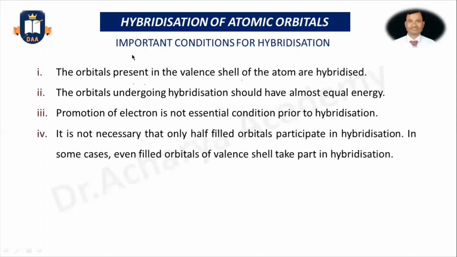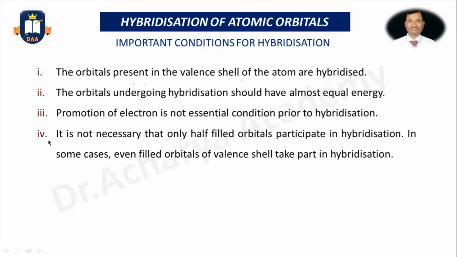Most important conditions for hybridization. Number 1, the orbitals present in the valence shell of the atom are hybridized. Second condition, the orbitals undergoing hybridization should have almost equal energy. Third condition, promotion of an electron is not an essential condition prior to hybridization.